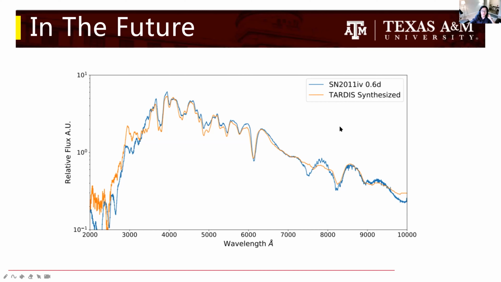So we will try to accelerate our training of the neural network and see if there is some possibility. And also we will try to include more physics into our neural network.